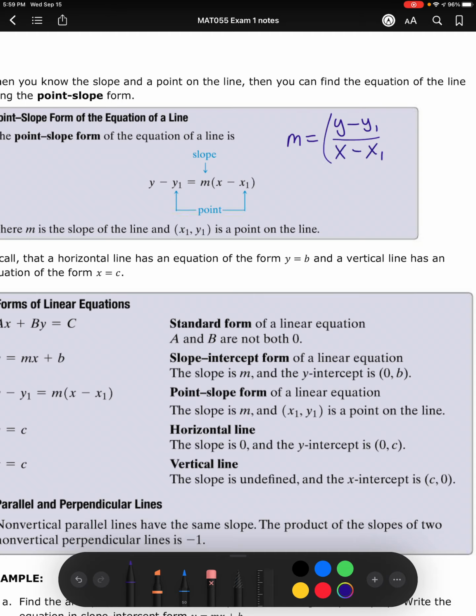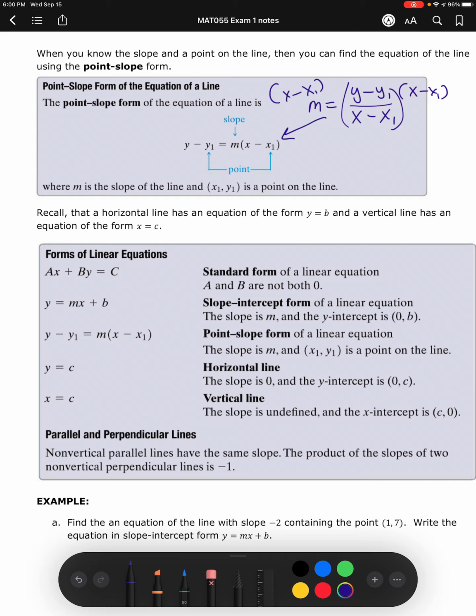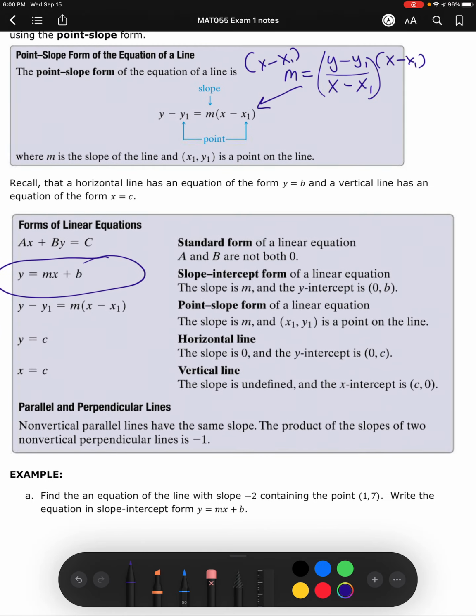If I take both sides and multiply by x minus x1, I end up with this equation. So it's just the slope formula kind of mixed around a bit. So some people like using that to find equations of lines. I pretty much just use this one for everything. So it's a nice review of all of our lines.